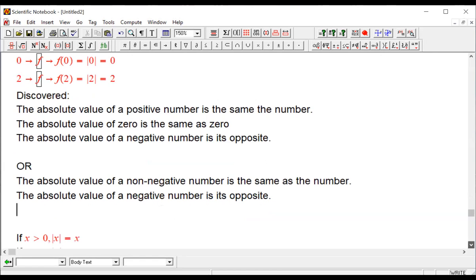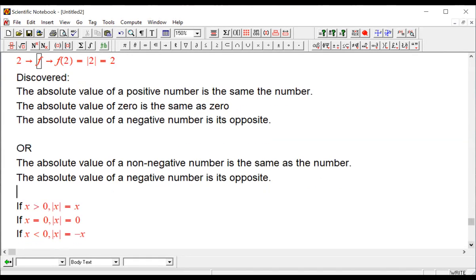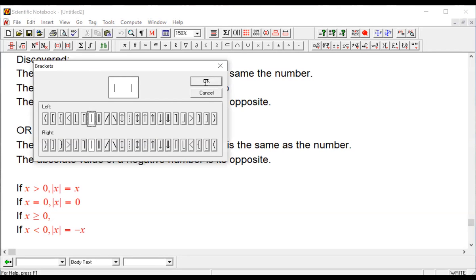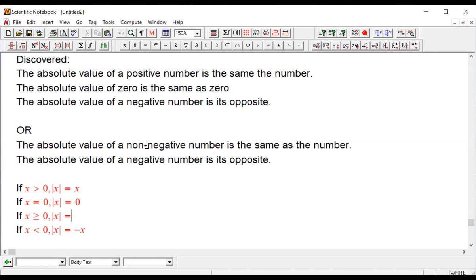Now compared with the form that we did earlier, these two can be combined. When we combine these two, we can say if the input is greater than or equal to 0, the absolute value is the same as the number.